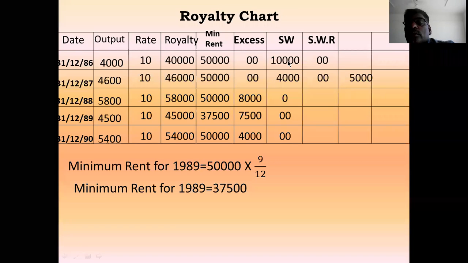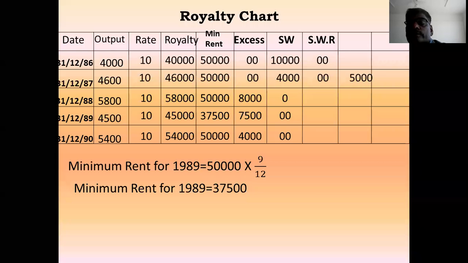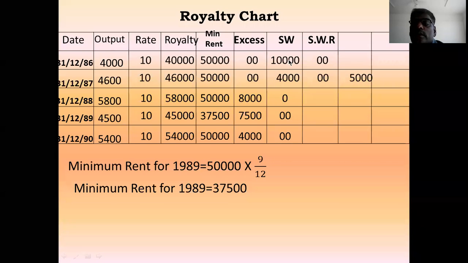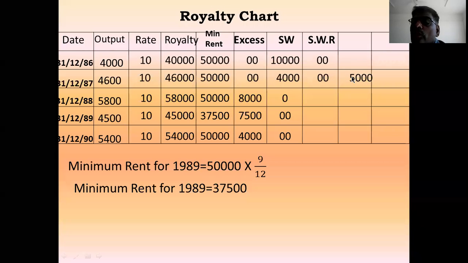10,000 is the amount that is to be recovered in the next 2 years. Next 2 years means 87, 88. But in 87, it is not possible to recover because there is no excess. If there is no excess, then that 5,000 goes to the recovery column. And the remaining 5,000: out of this 10,000, 5,000 here is not recovered, and that goes to the recovery column.